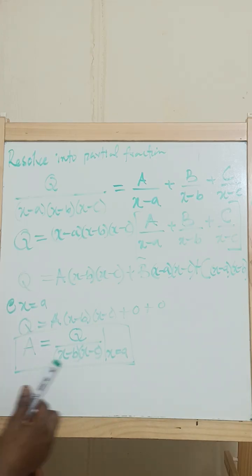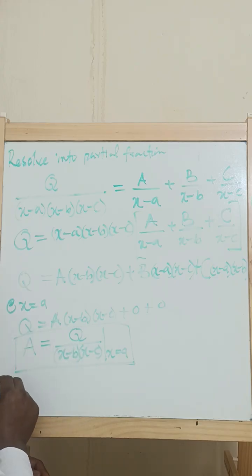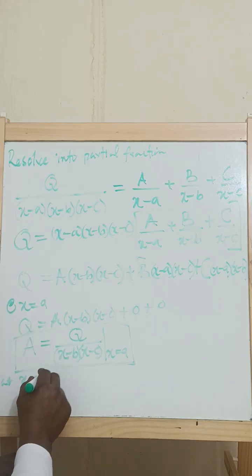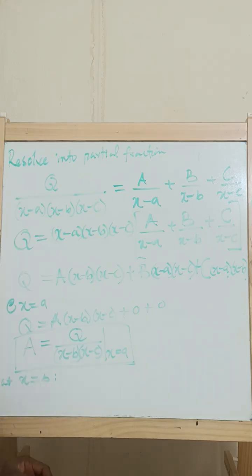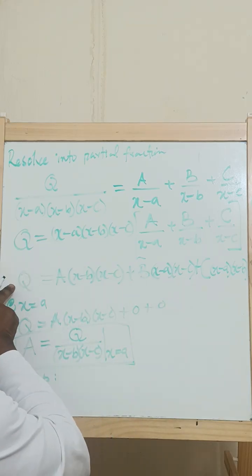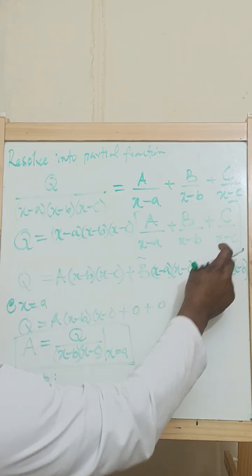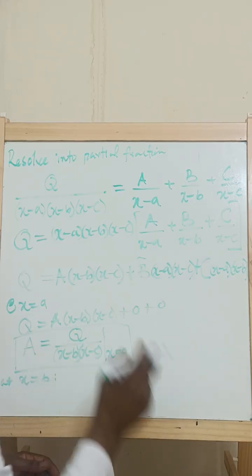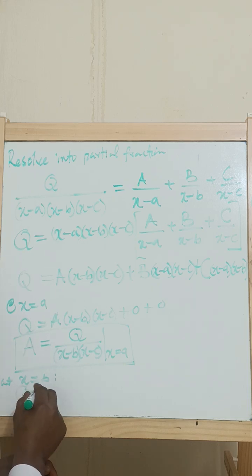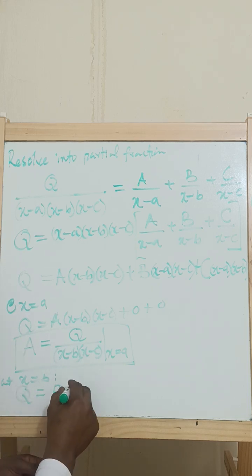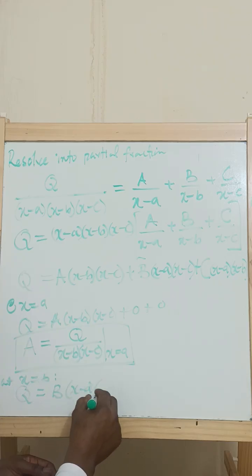If we want to get B, we let x be equal to b. Let x equal b and introduce it into this: A will be gone and C will be gone. Only this will now be left. So Q will be B into x minus a, x minus c.